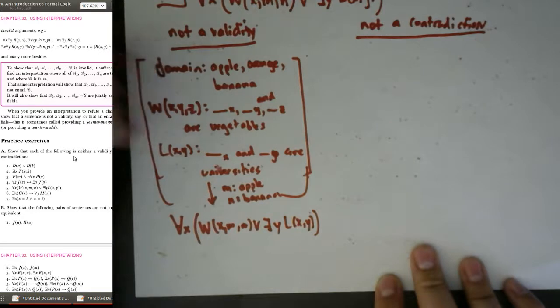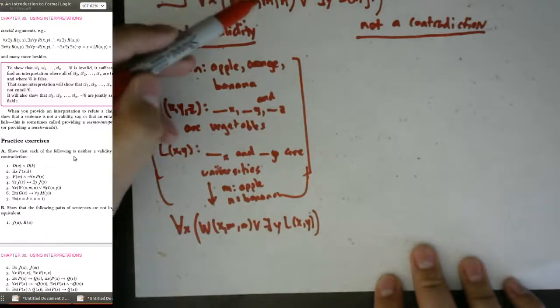And a lot of these problems can be done that way. Showing something is a validity is difficult because you have to go over all interpretations, but showing something's not a validity is as simple as making a single interpretation. And that's the general freedom you have: make it as easy as possible on yourself, okay?